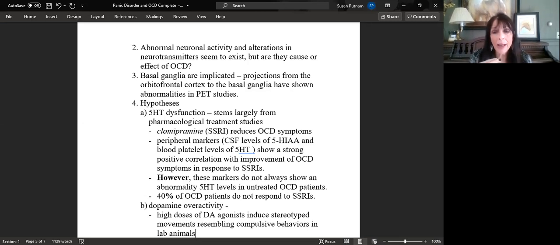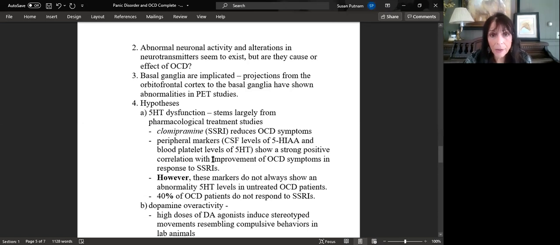So 5-HIAA, which is a metabolite of serotonin, and blood platelets carry actually some serotonin with them. They increase in serotonin. Once you elevate this, and you see these elevations via blood work and other ways, you get an improvement of OCD symptoms.